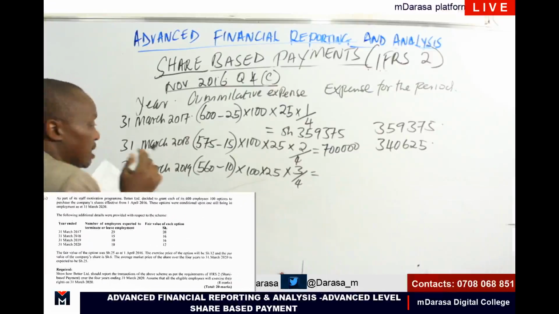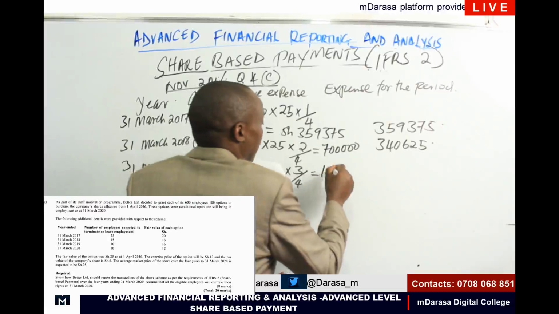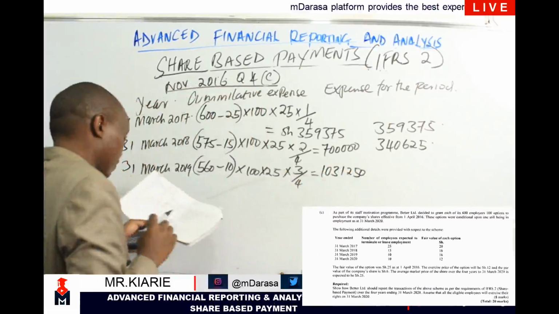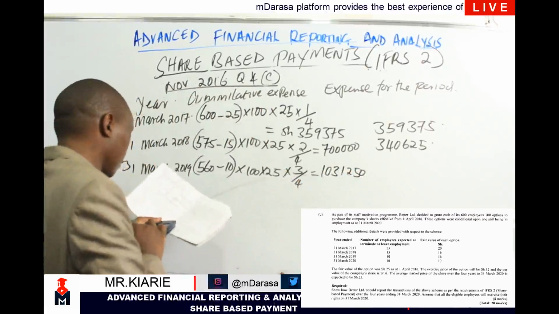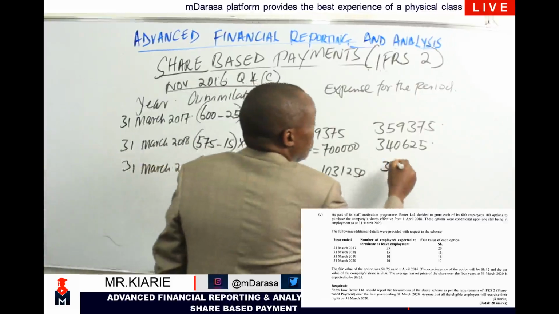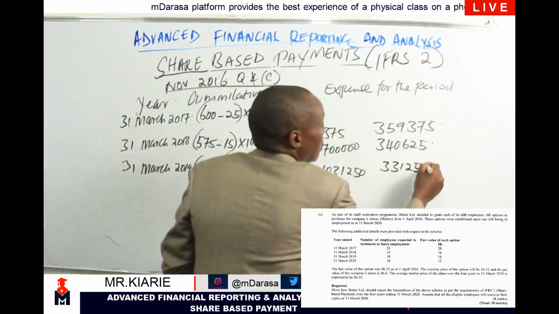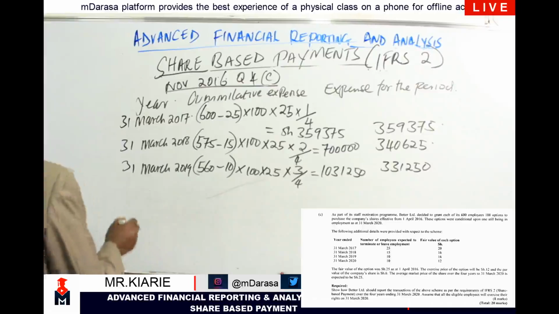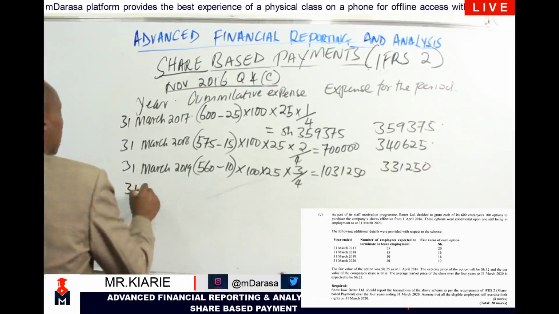This gives me 1,031,250. I subtract 700,000. I'm left with 331,250.